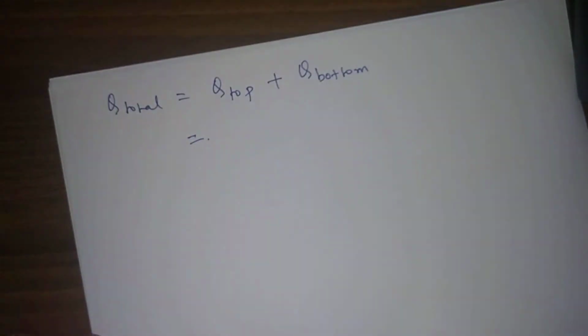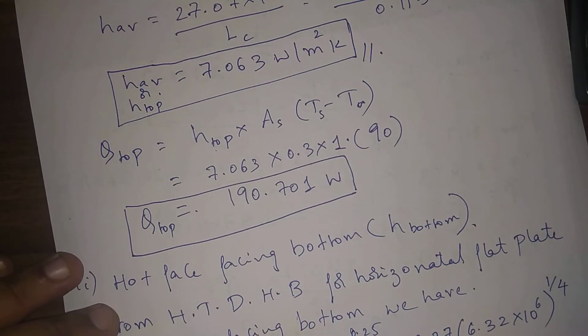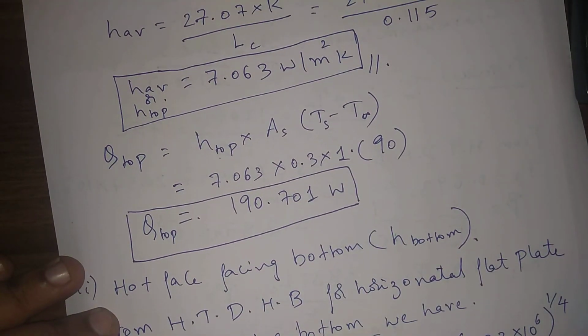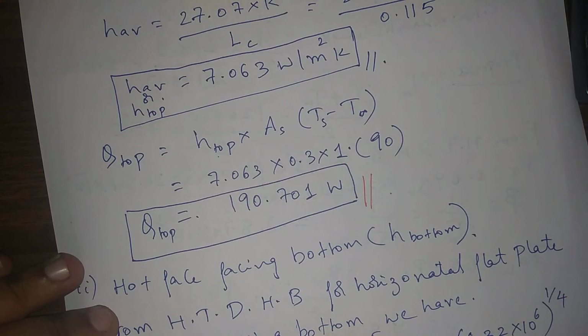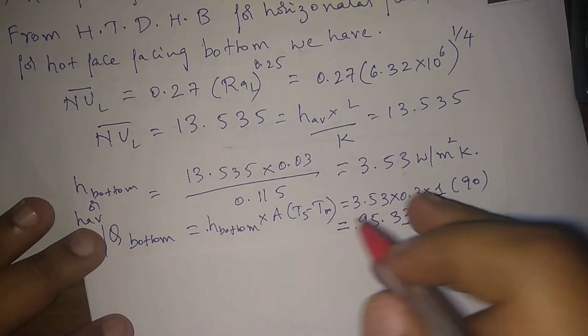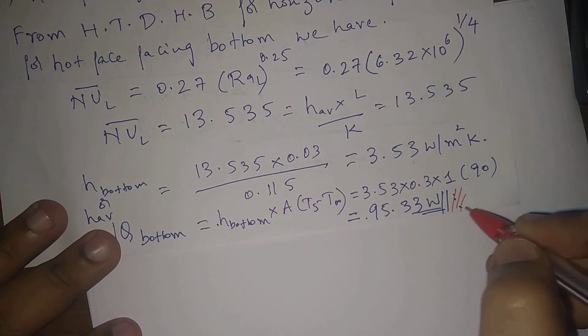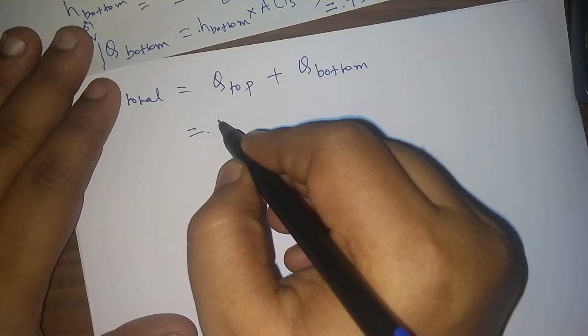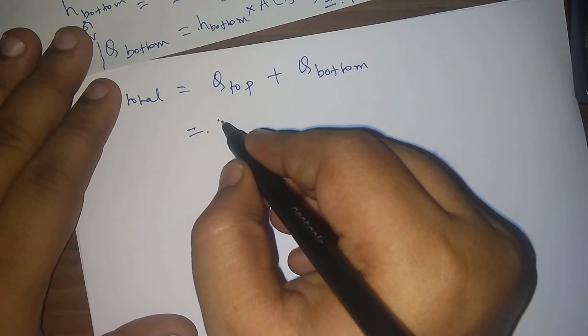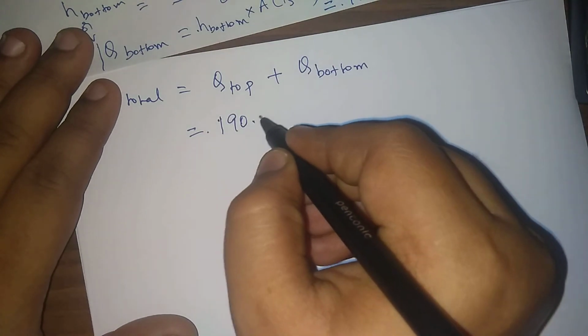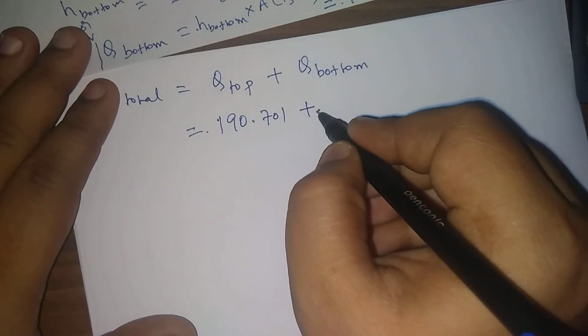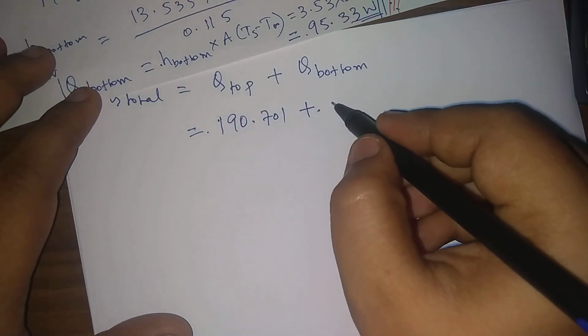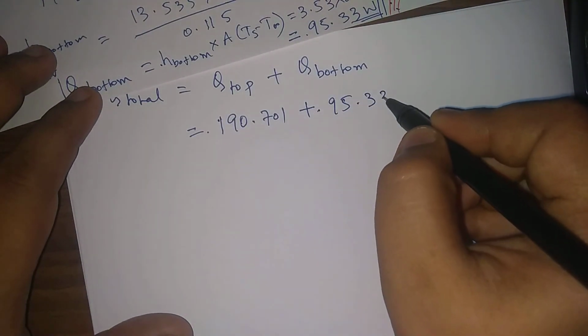We have got the value of Q top as 190.701 and Q bottom as 95.33.